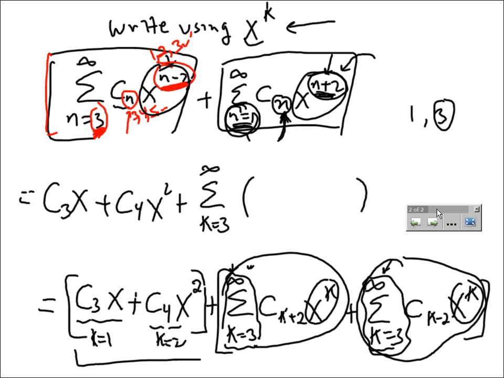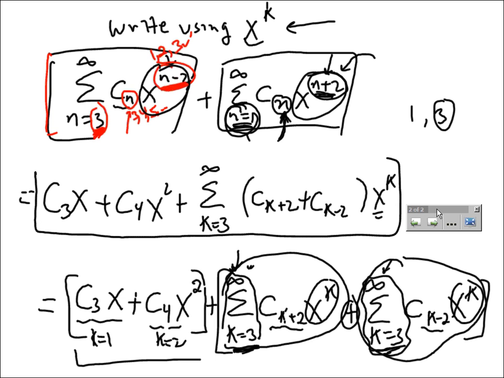So we have the summation of c sub k plus 2 times x to the k, which I factored out, plus the summation of c sub k minus 2 times x to the k. This only works if they both are starting at 3 or 7. They're both starting at the same number, and they're both going to the same number. So that here is the answer.